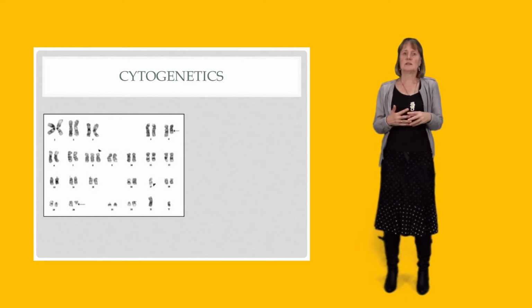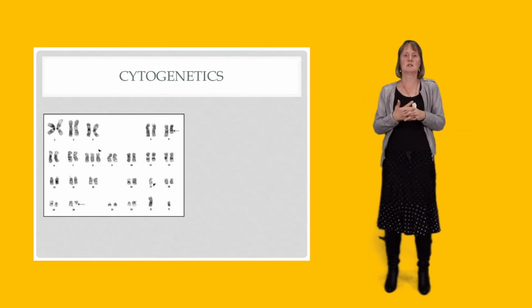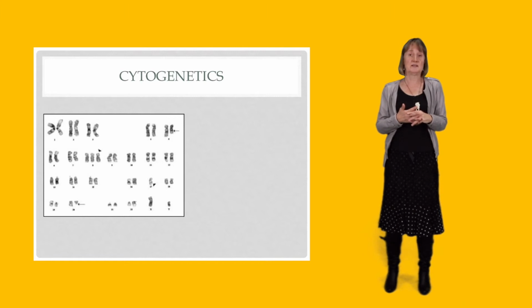So looking at the chromosomes that are present in the bone marrow cells, so this is not the chromosomes in any other part of the patient, but just the bone marrow and blood cells, we sometimes see characteristic abnormalities. So this is a karyotype from a patient with myelodysplasia, and it shows a number of abnormalities, some of which are quite characteristic of the condition.